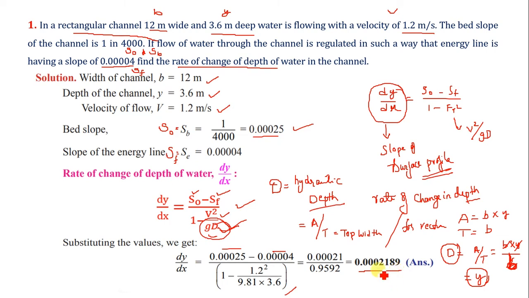Now you can write this as a fraction also. You simply need to divide 1 by the answer: 1 divided by 0.0002189 gives a value x, and you can write this as 1 by x.